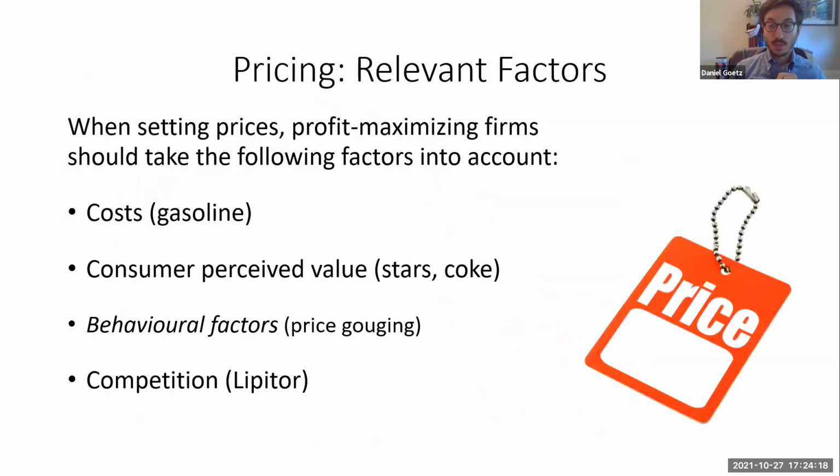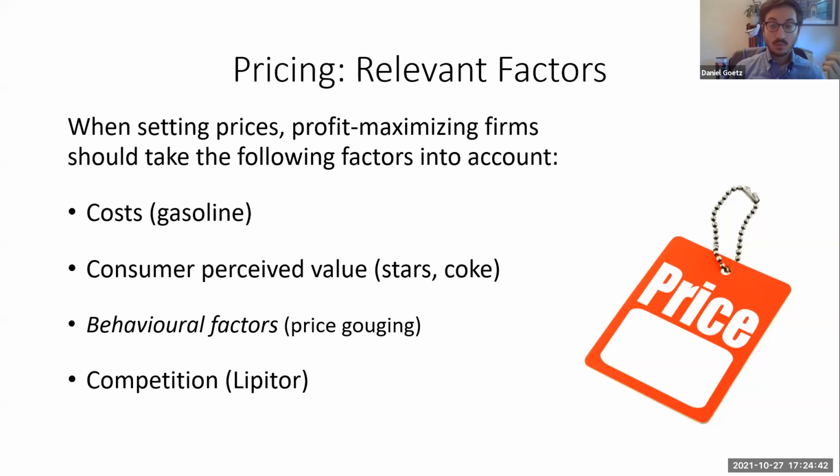So summarizing some of these things, what are the relevant factors for pricing? Costs, consumer perceived value, behavioral factors, which go into that perceived value, including things like perceptions of fairness and price gouging, and competition, right? Who are your competitors? What prices are they charging?